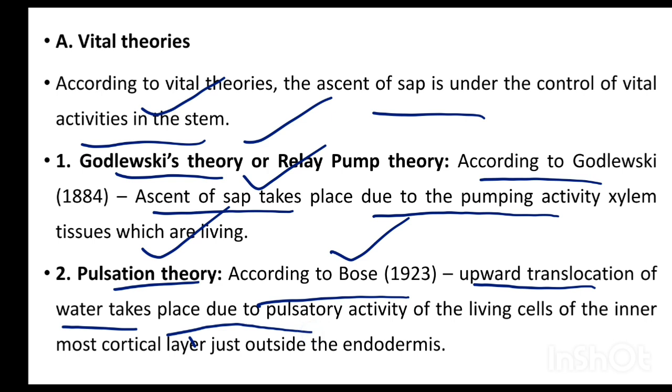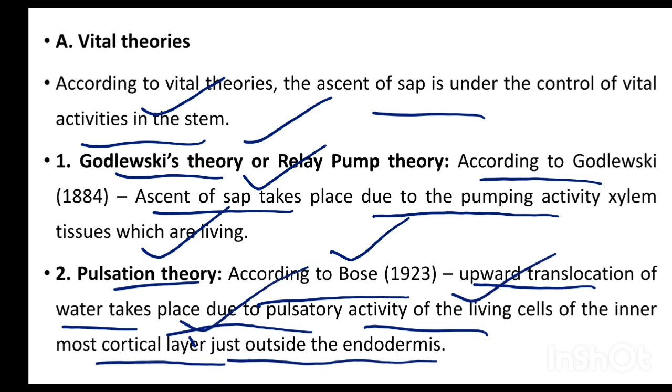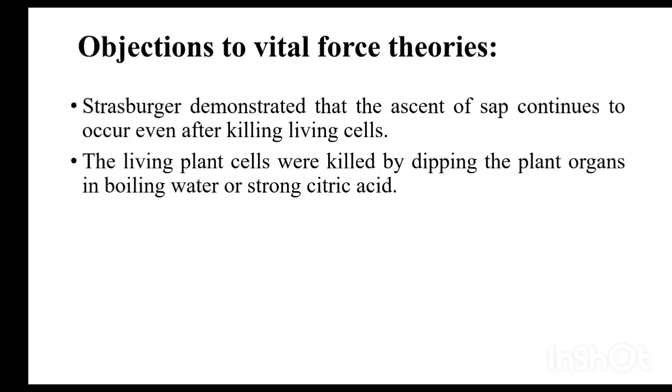It acts like a pulse. Activity of living cells of the innermost cortical layer just outside the endodermis. So what are the objections to vital force theories? Strasburger demonstrated that ascent of sap continues to occur even after killing the living cells.